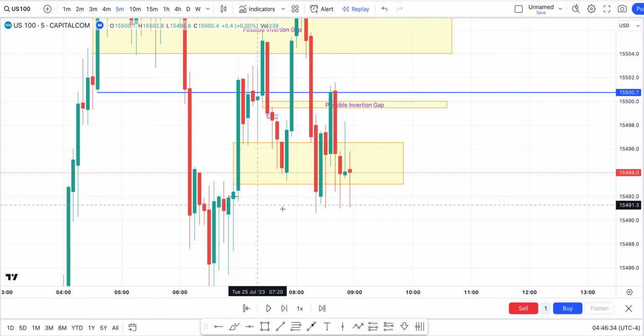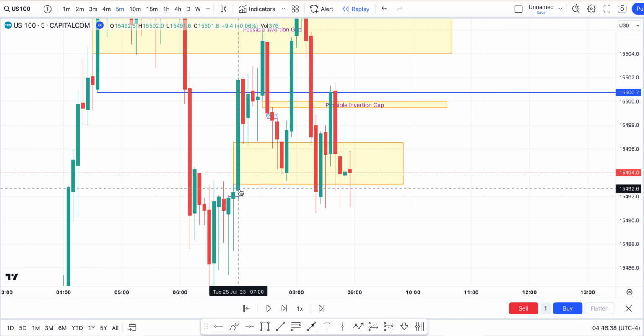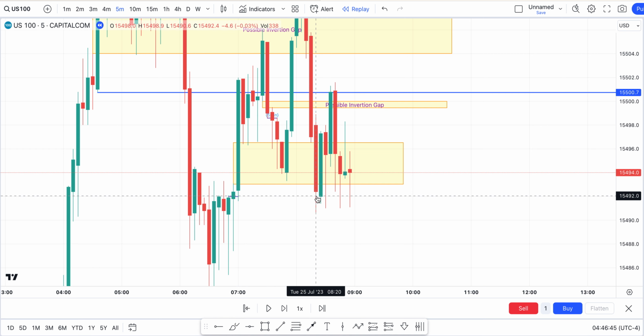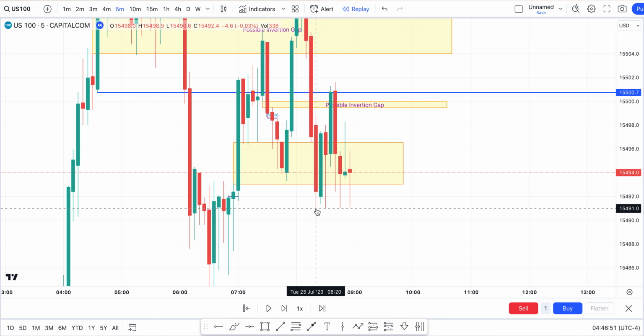So let's see the difference between this. This low comes in at 15,491.6. This low 15,490.6. So that's 1 point difference. I'd say that's activation.